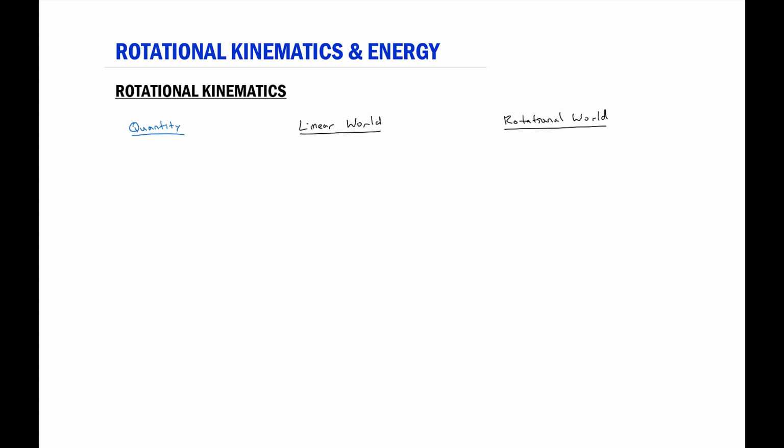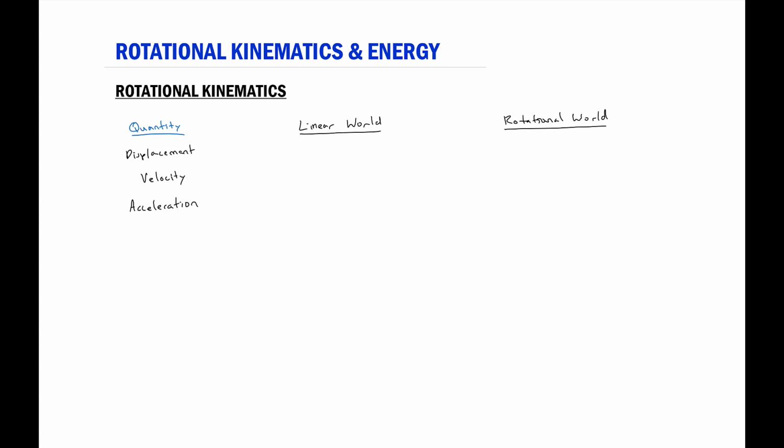So first we do want to go through, say, displacement, velocity, and acceleration.